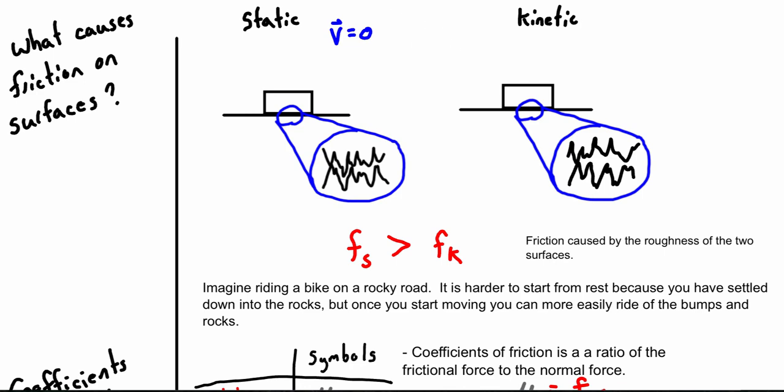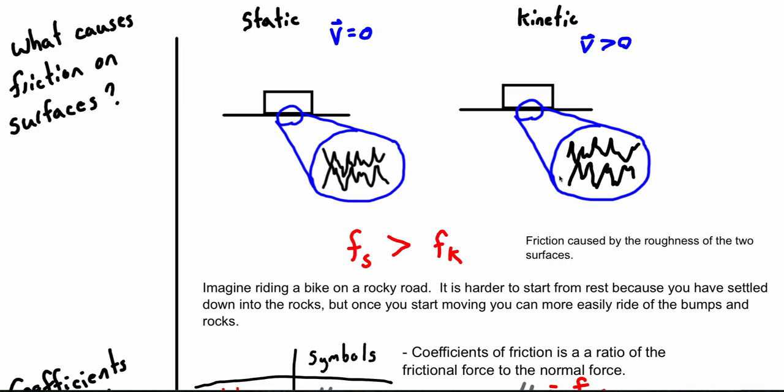But now if we have a velocity greater than 0, we have an object that's moving, and in this case you can think of the object as rising above these ridges. It's still bumping into them, but they're not as locked down in place.